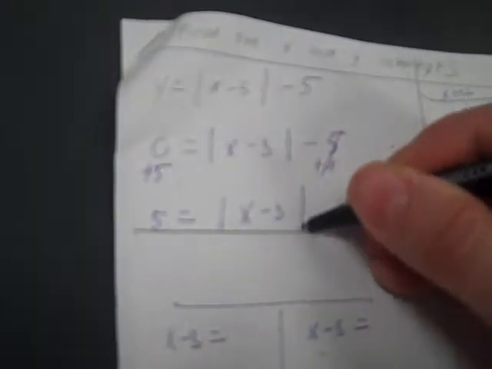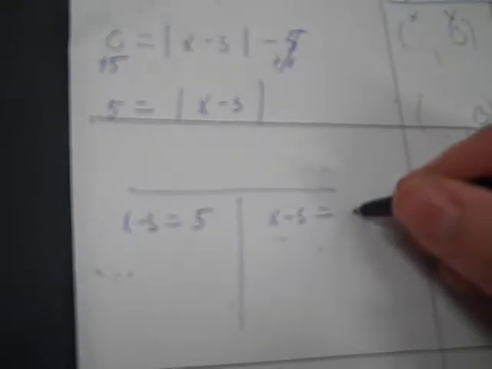Then you are going to make a table, and you're always going to use both sides. But before you know what that's equal to, you have to undo the operation outside. You got to add 5, and that's 5. So 5 equals the absolute value of x minus 3.